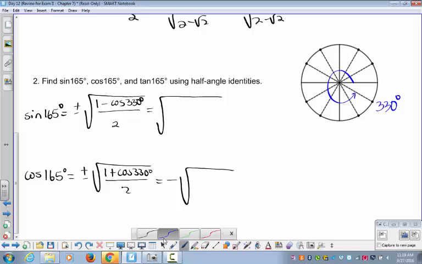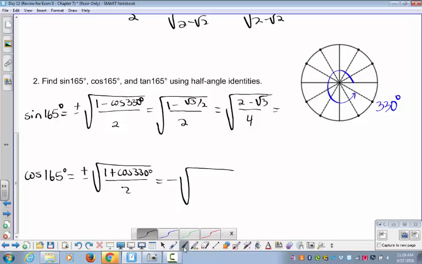And let's start our evaluation. So in the numerator here, we're going to have 1 minus cosine of 330. That's the long leg on that 12-sector circle, so that's minus root 3 over 2. And that's divided by 2. And now we're in that funky simplification process where we multiply every term inside that radical by 2.